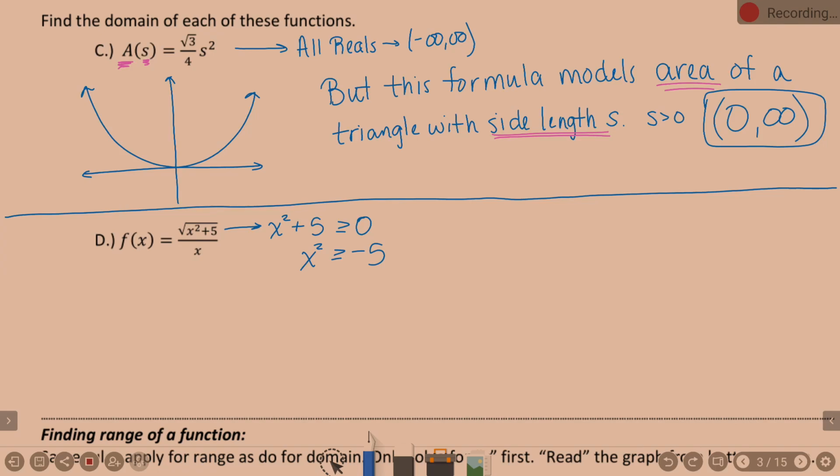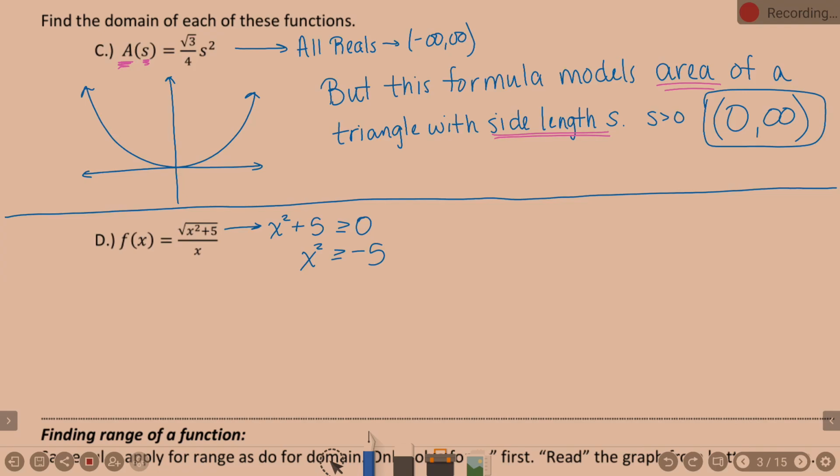What's the issue? Imaginary. Square root of a negative number is imaginary. Okay, that in my brain says, whoa, red flag, something's not right here. Because we're talking domain. Are we talking imaginary numbers? No. So I've got to rethink this.